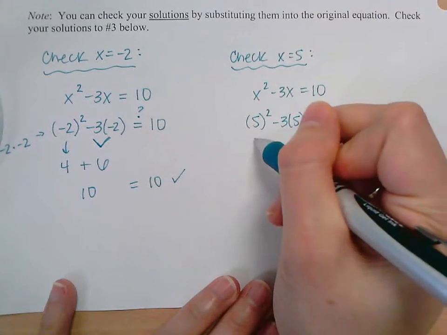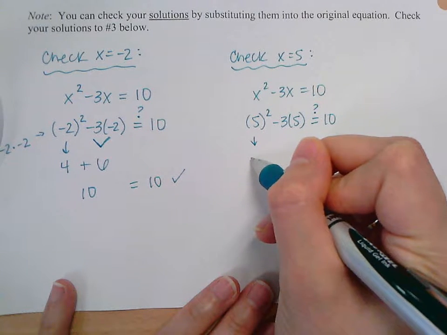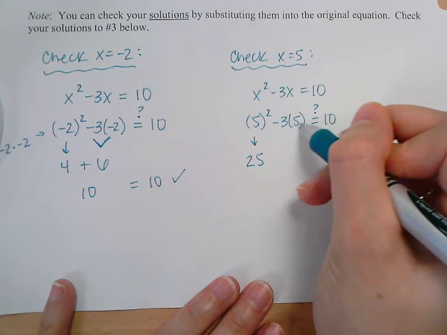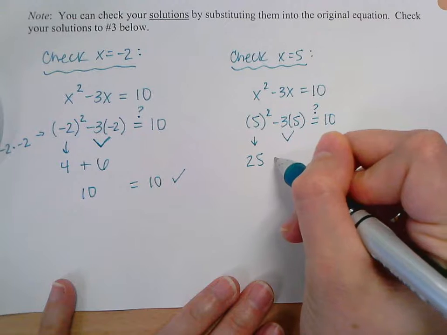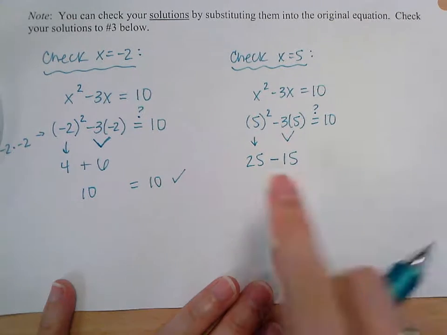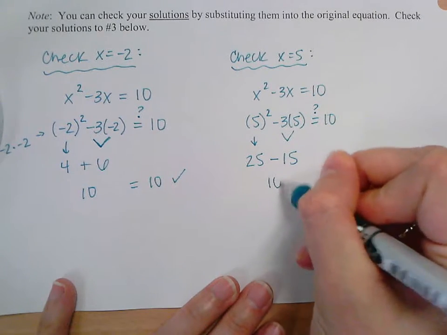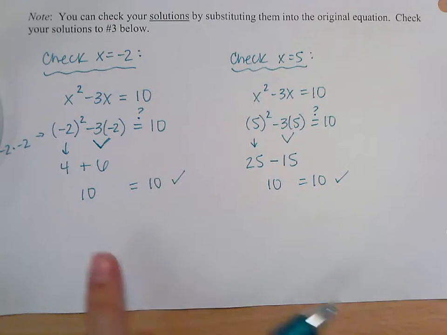What is 5 squared? 25. And then I have minus 3 times 5. So a -3 times 5 is -15. So I have 25 minus 15, and that is 10. So that also checks out. Okay, so that tells me my two answers are right.